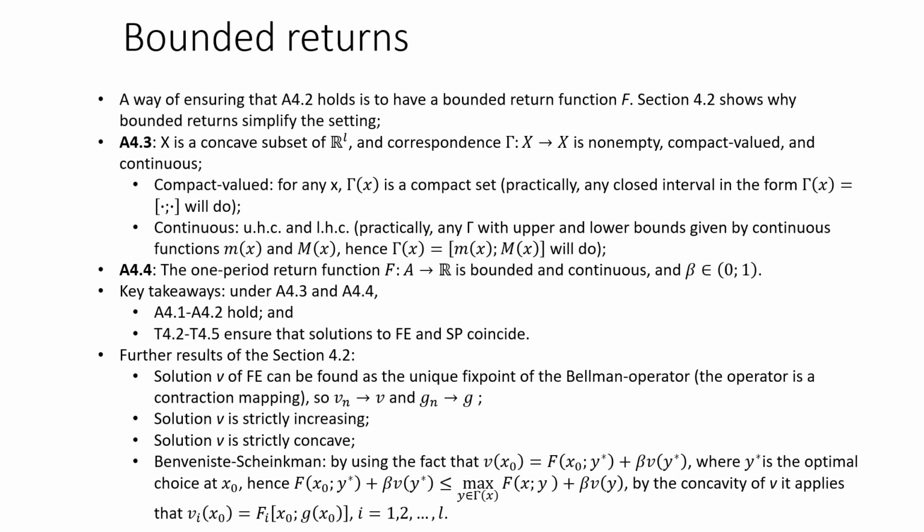So we need practically any correspondence with closed interval given by continuous functions. Assumption 4.4, the one-period return function is bounded and continuous, and beta, the discount factor, comes from the open interval (0, 1).